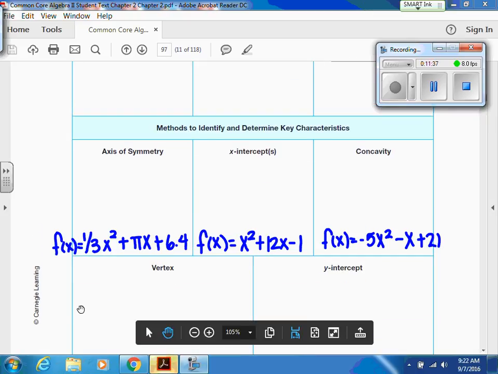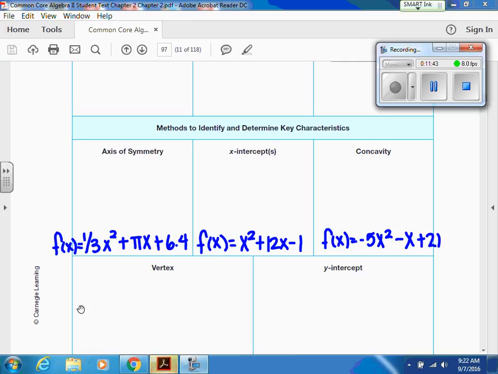Alright, what about the vertex? If I have standard form, how am I going to find the vertex? I think it was Christine. Was it Christine? Christine just did this. What did Christine do? You find the value of x and then substitute it for y. Exactly.